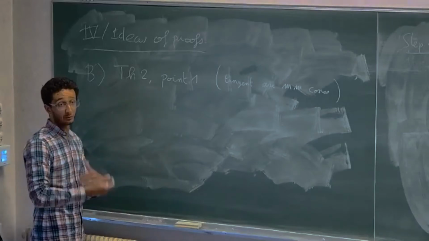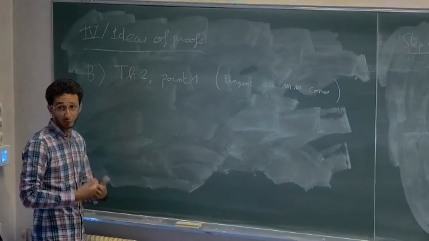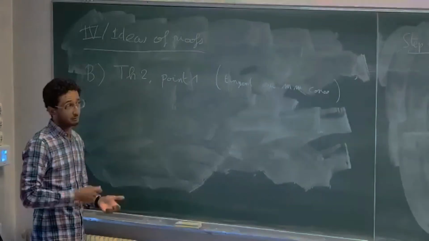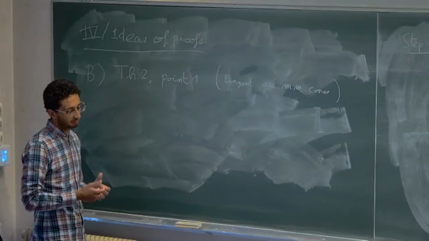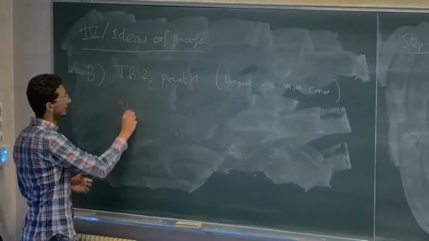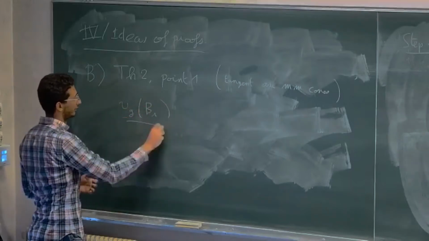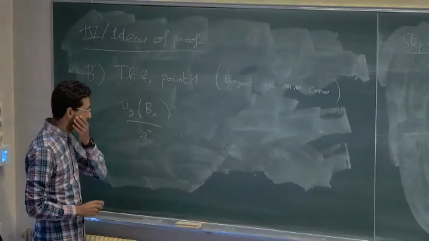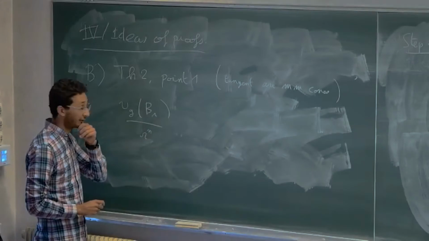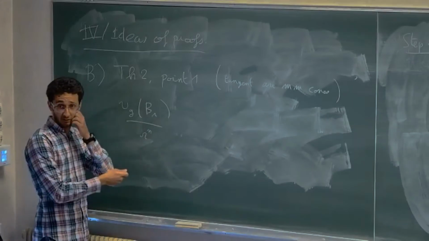And here we don't have a monotone quantity. The Bishop-Gromov monotone quantity, the volume of the ball of radius R over R^n, is not directly related to the heat kernel.